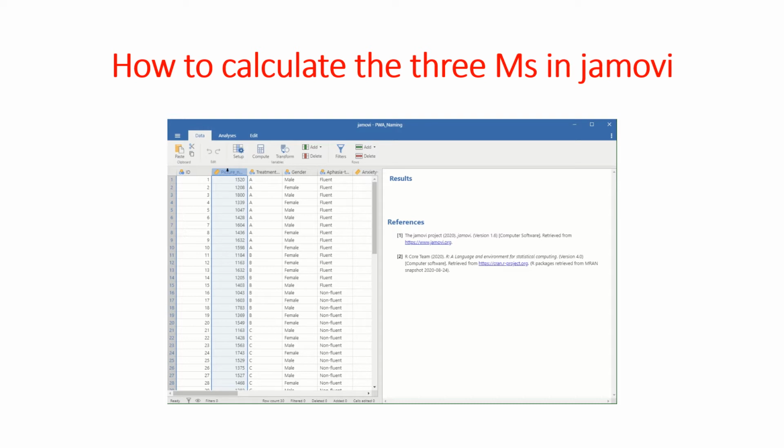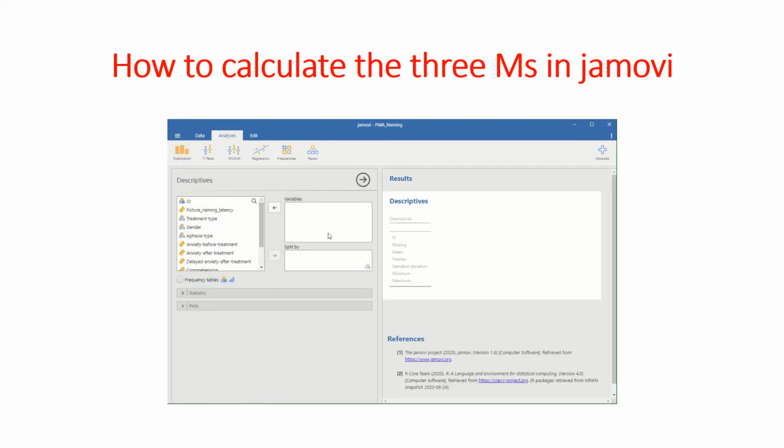If you remember from the previous slide, if our variable is on an interval scale, then we could think about calculating mean or median. So we go to analysis, click on exploration, and then you'll see descriptives here. Click on descriptives.